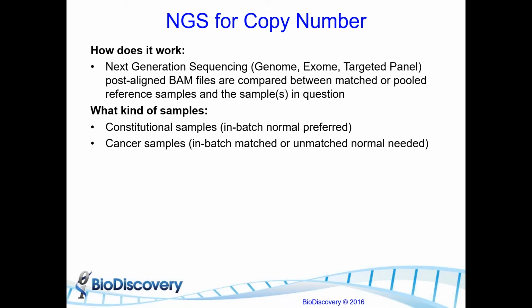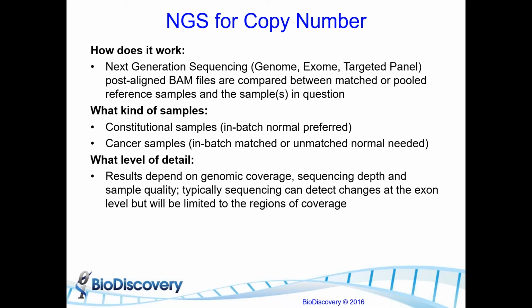For cancer samples, we can use an in-batch matched or unmatched normal. This means that we can have tumor samples that have the same individual's blood or adjacent tissue sample as a matched reference, or we can have it as an unmatched if we have other sources of DNA. Again, we would prefer this to be, though, an in-batch sample.